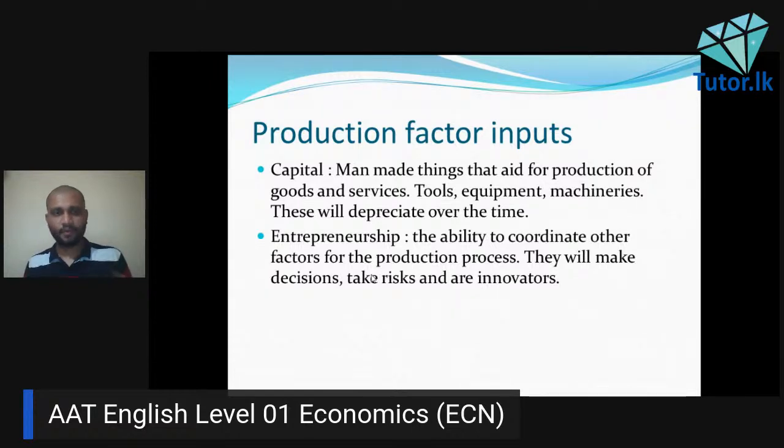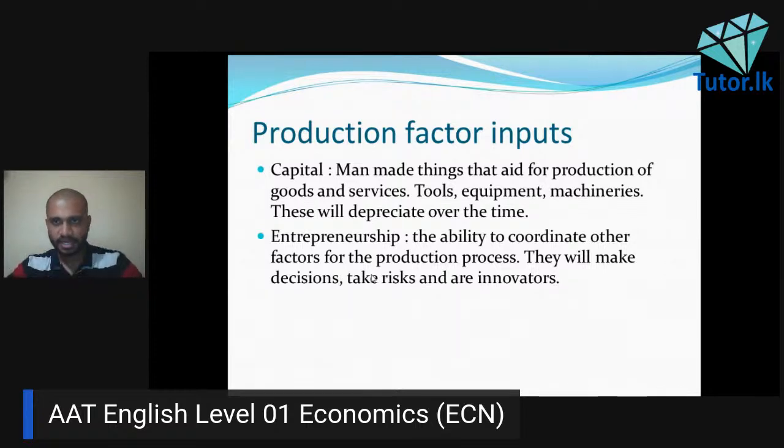Once all these four factors are there combined, you can easily do the production process or the delivery of service. These four are called the factors of production, or the inputs for production.